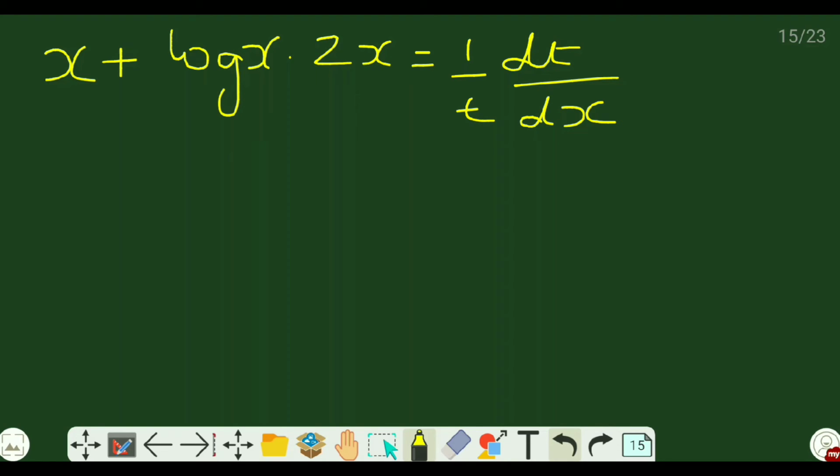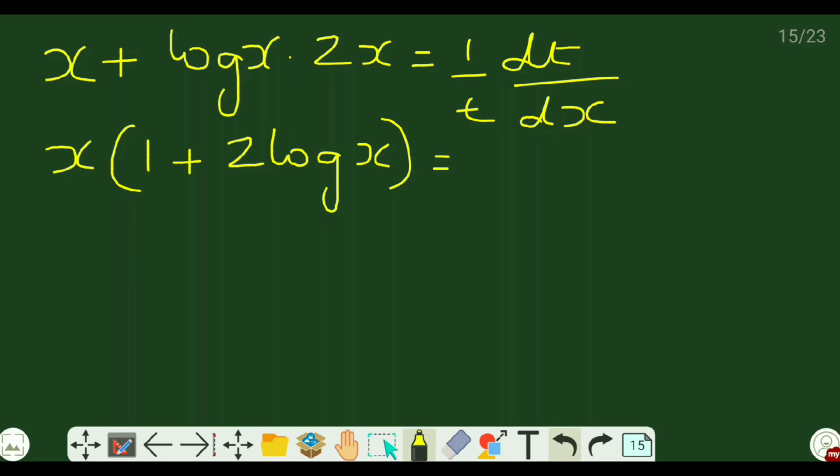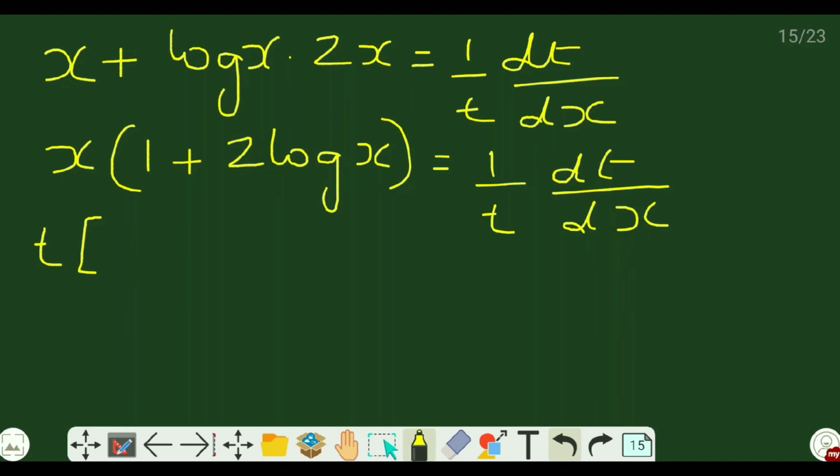So x, and in the bracket we get 1 plus 2 log x. And on the RHS, for now we write the same thing. Then in the next step, we bring t to the LHS, so we are going to get t into x into 1 plus 2 log x.